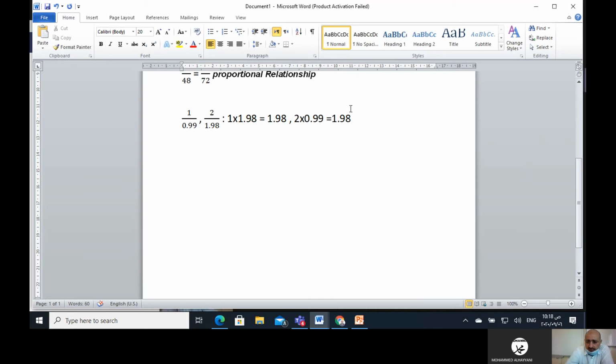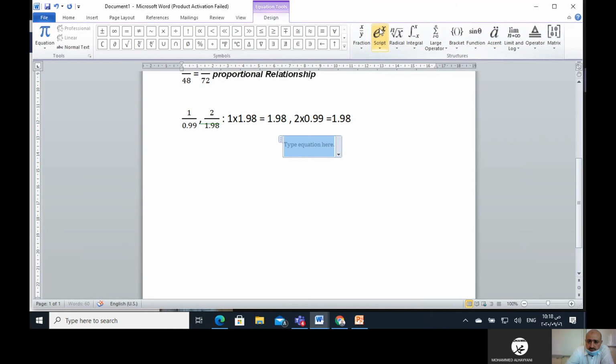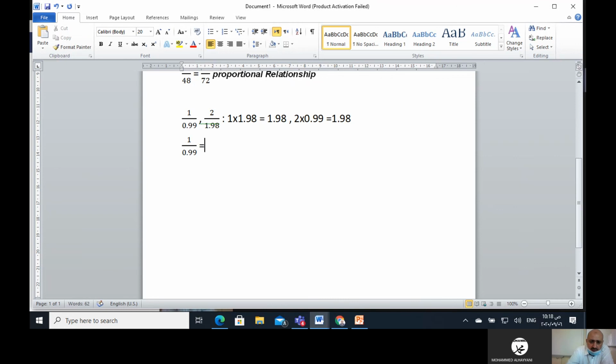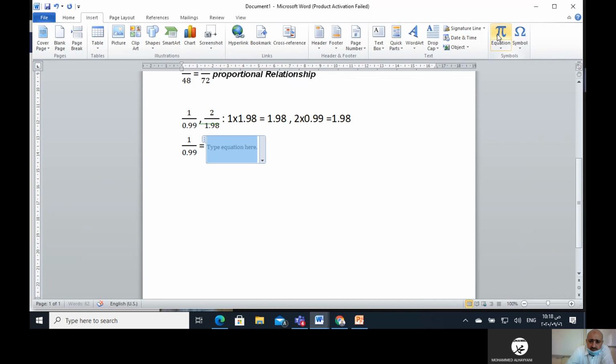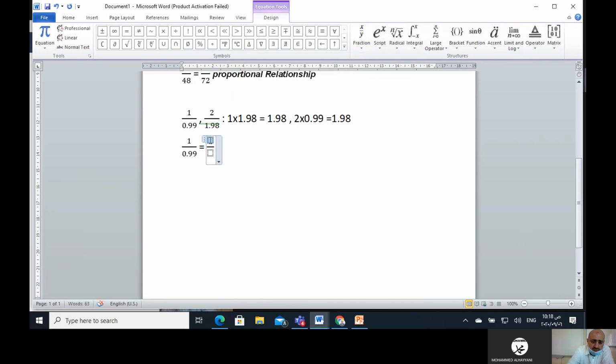So the same answer. That means 1 over 0.99 equals 2 over 1.98.